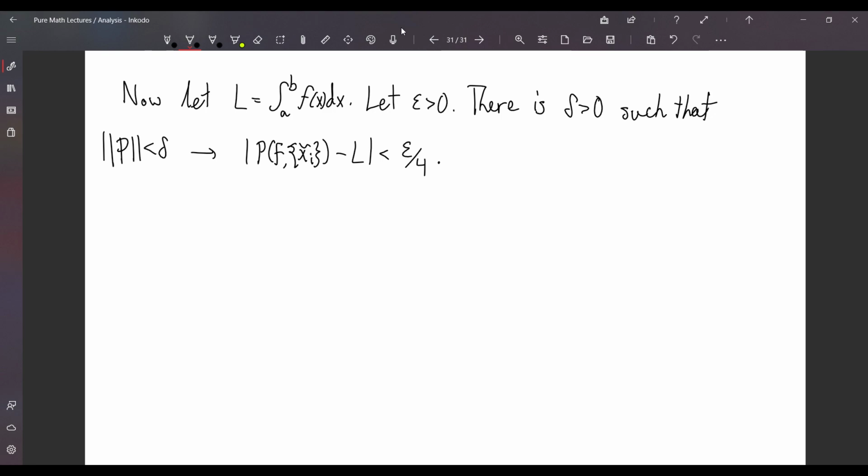And so you can tell right away that we're going to use a triangle inequality step, where we get a bunch of pieces that are each epsilon over 4 and add those all together.